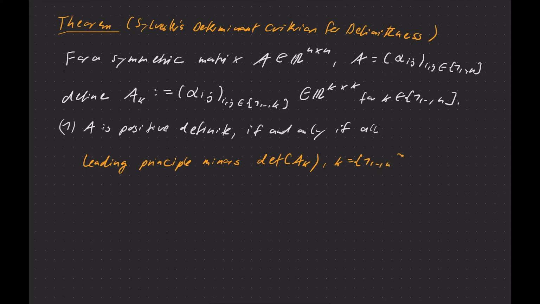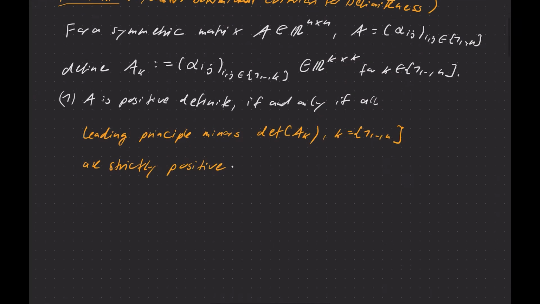So these determinants of the A_k, those are called the leading principal minors. If all of these are strictly positive, so 0 is not sufficient, all of these need to be strictly positive.